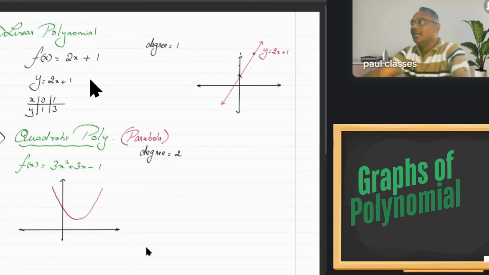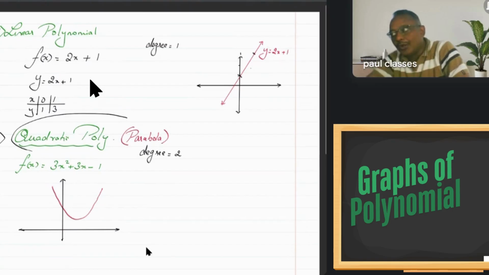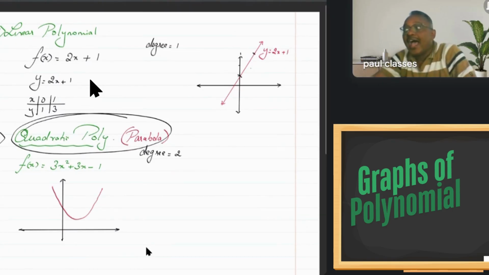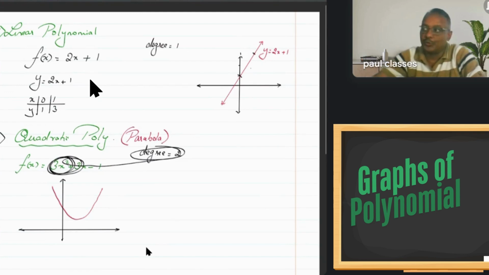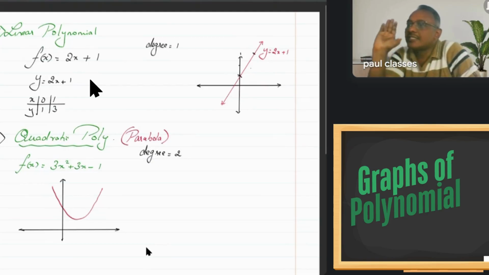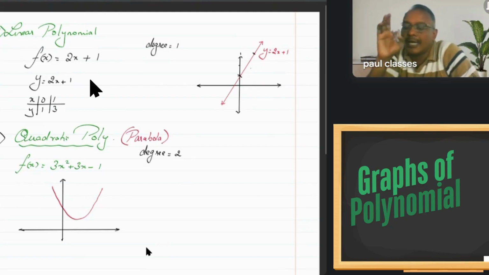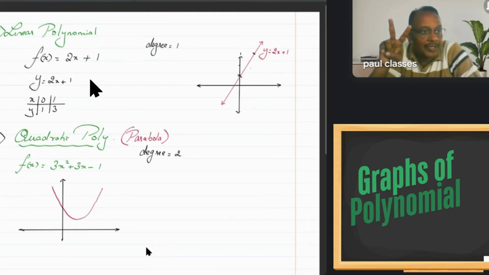Now this quadratic polynomial has the maximum power of x as 2, that's why the degree is 2. It doesn't always mean that this curve is going to intersect the x-axis at 2 points.